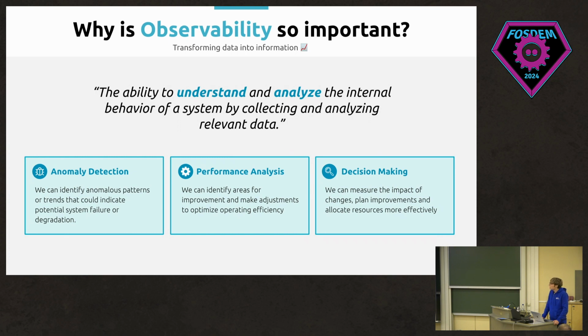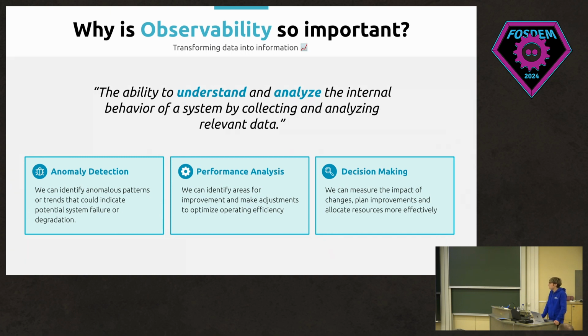Observability has some advantages, like anomaly detection that allows us to identify anomalies or bugs in our system. It also provides the ability to do performance analysis, so we can identify areas for improvement in our system.